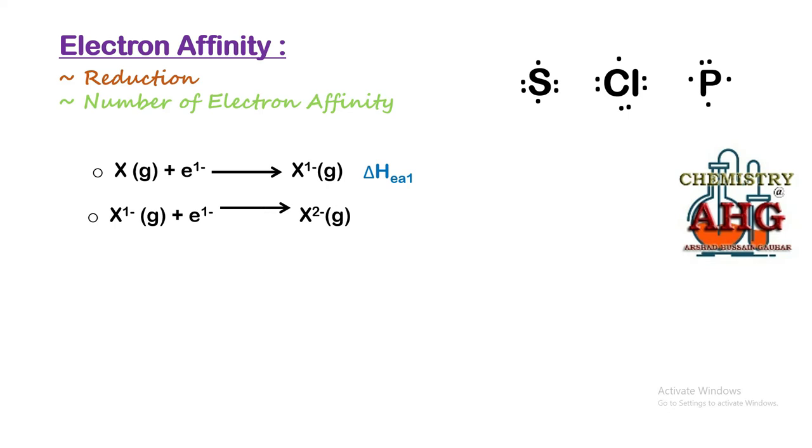So that is why this equation represents second electron affinity. Now comes the third electron affinity. If an element is going to gain electron number 3, so from where we will start? We will start from X2 negative, gain of electron, it would get a charge of 3 negative, trinegative ion. So this represents third electron affinity.